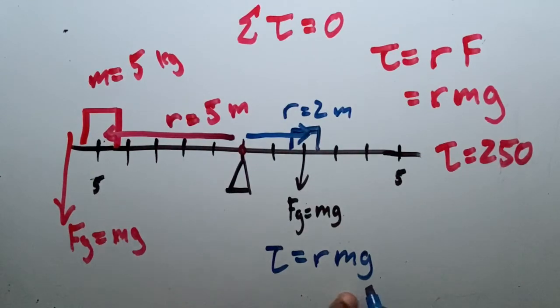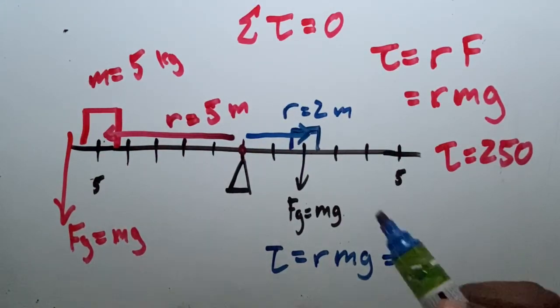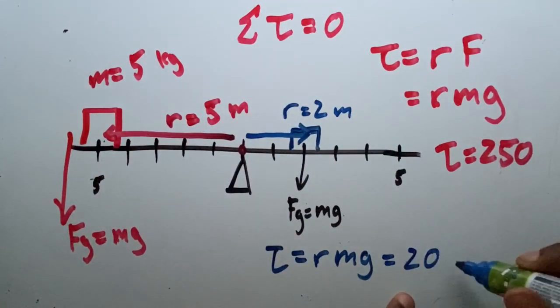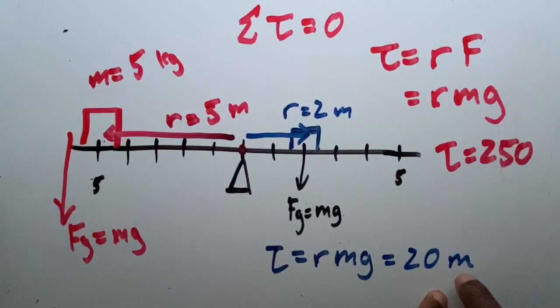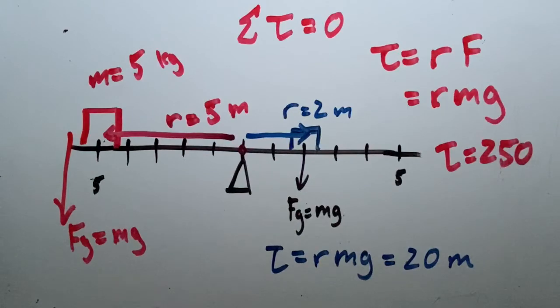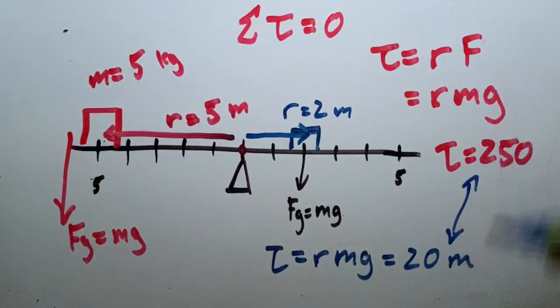And we know G is 10. So this becomes 2 times 10, which is 20, times the mass that we do not know. But we know this torque has to be equal to this torque, so we can set these two torques equal to each other and solve for the mass.